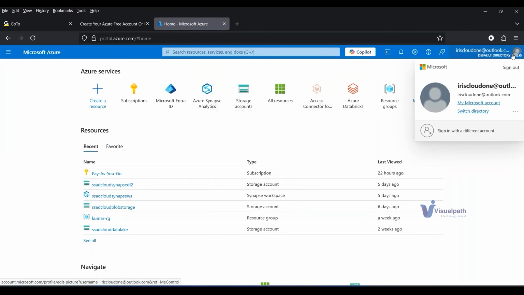A directory concept, you can just visualize as an organization having specific details about their domain. So you will also be getting a tenant ID, a domain, which we call the default directory.